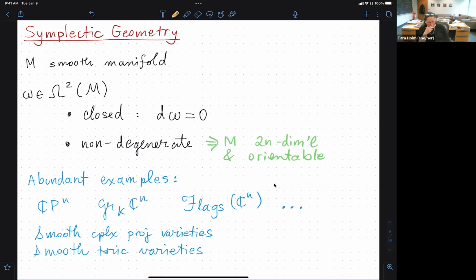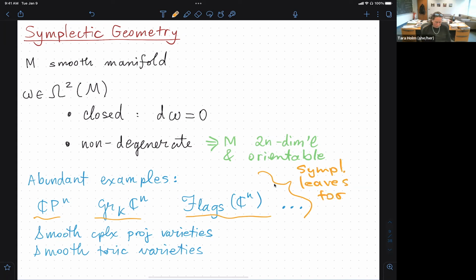So we have these nice families of examples: projective space, Grassmannians, flag varieties. These are all symplectic leaves for the Lie Poisson structure on the dual of the Lie algebra.